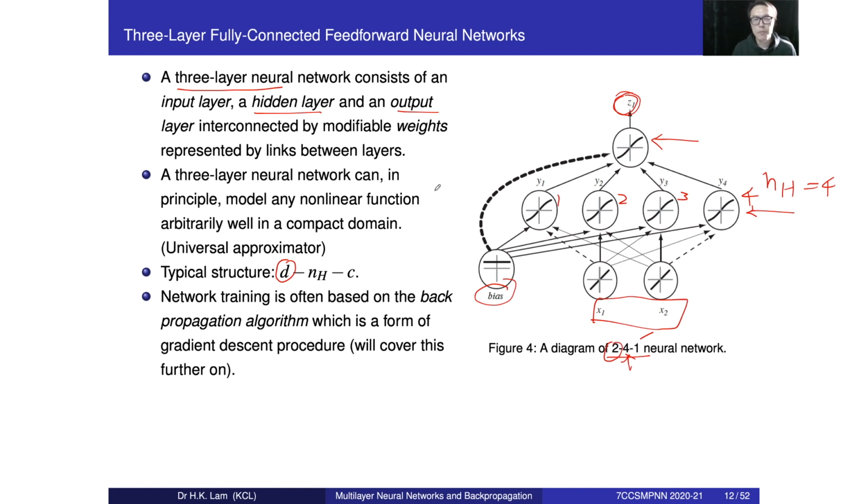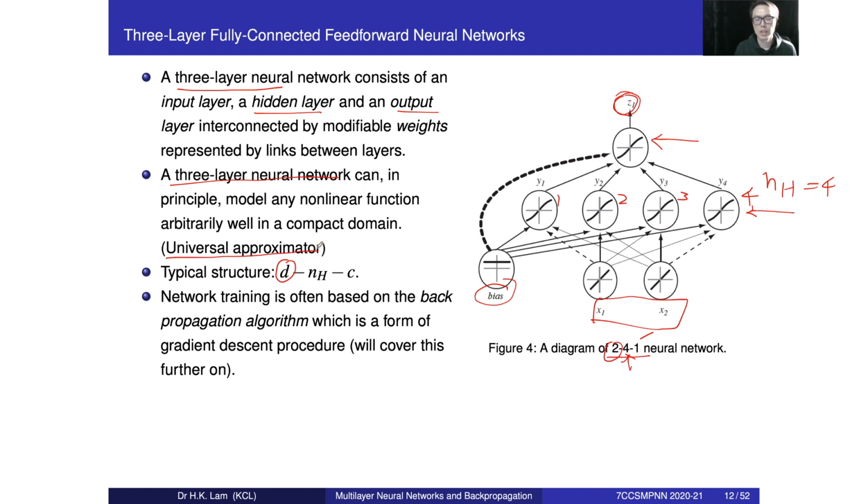When we consider a 3-layer neural network, theoretically we only need 3 layers, because a 3-layer neural network is proved to be a universal approximator.